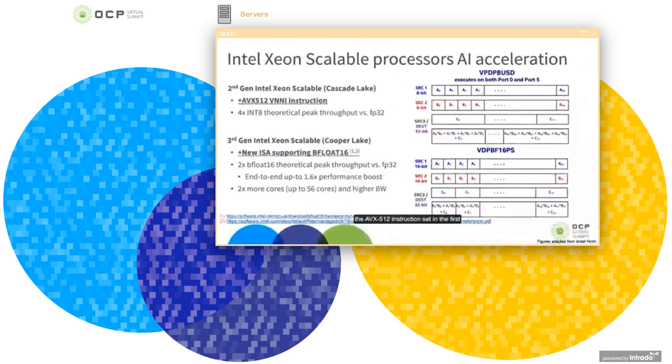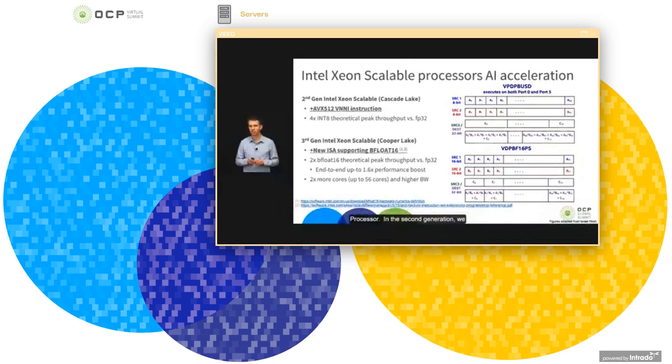Intel introduced the AVX512 instruction set in the first generation of the Intel Xeon Scalable processor. In the second generation, we augmented the instruction set with the AVX512 VNNI instruction, which you can see in the top right.